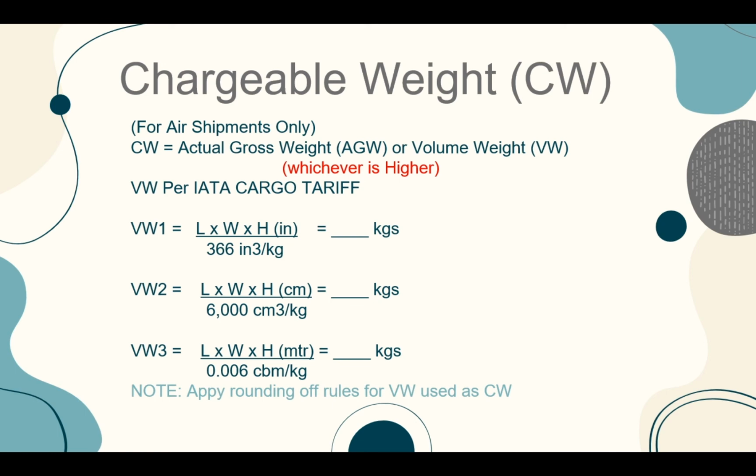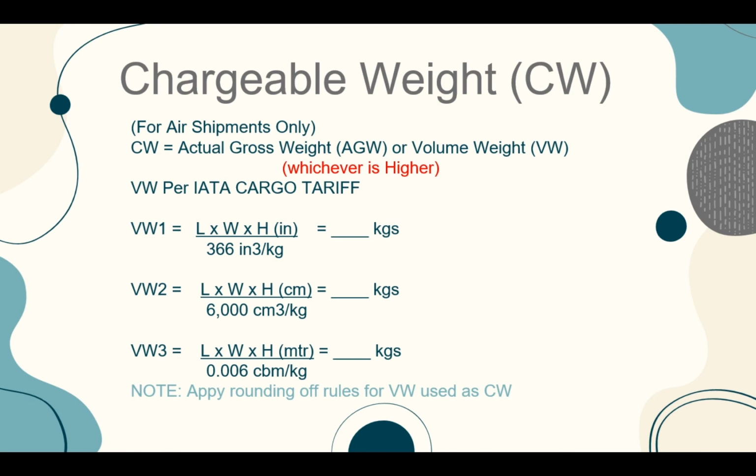Meron tayong tatlong conversion dyan, kung meron tayong cubic inches, cubic centimeter, or cubic meter. Ayan yung formula natin. Meron tayong note dito: apply rounding off rules for volumetric weight used as chargeable weight. Mag-rounding off rules ka lang pag ang volumetric weight mo ay yung chargeable weight.